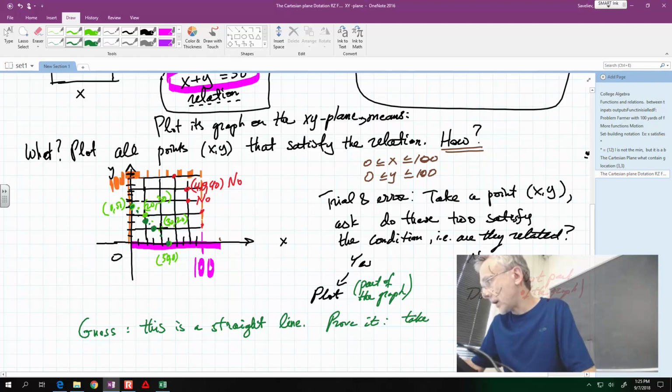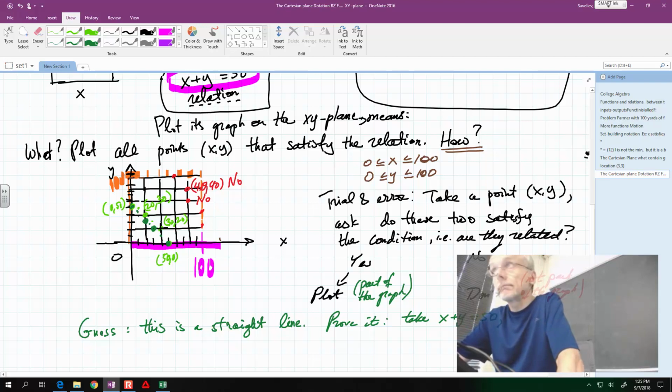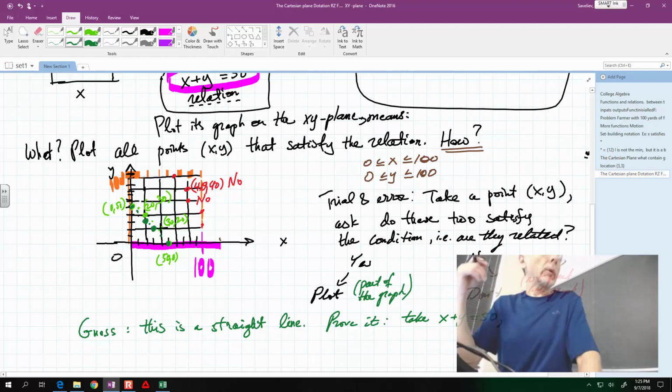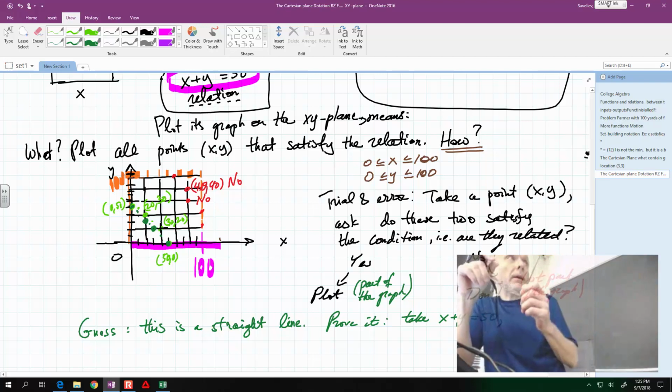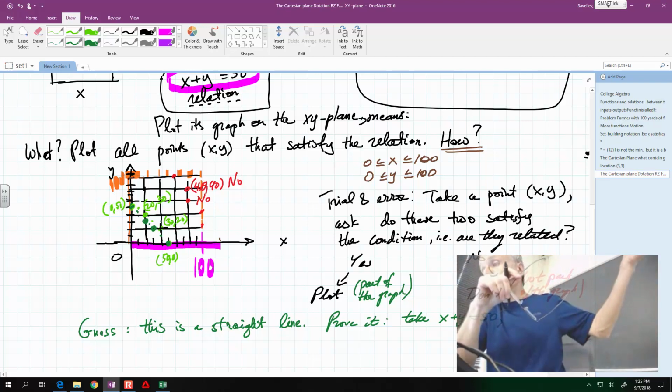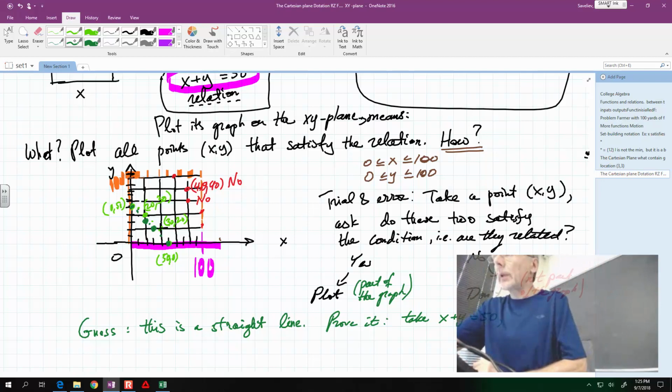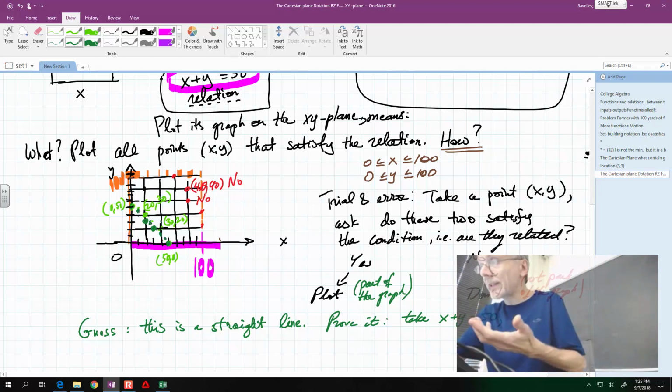So take x plus y is equal to 50, and what do we do with it? Well, that's what we have been doing, and we got about 10 points or so. They appear to be located on a straight line, so that is what the data tells us.